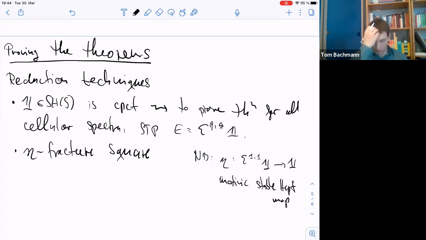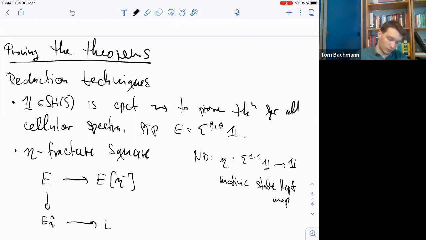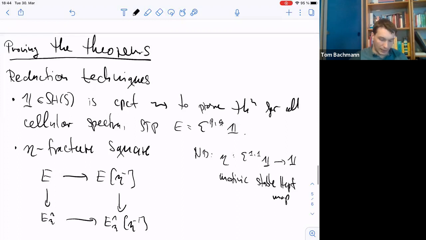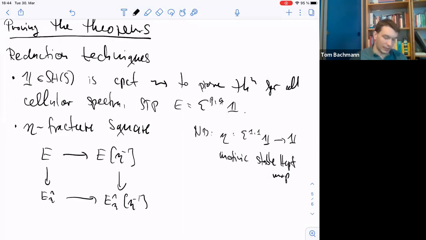Not this one, but it's going to show up for some reason. And so the fracture square looks like this. You take any motivic spectrum, and you can build it as a Cartesian square like this. You invert eta, or you complete at eta, or you do both. Of course, you have to do it in the right order because otherwise you get 0. So there's only one reasonable order. And this is going to be Cartesian. And so what that means is that I can assume either that my guy is eta-complete or eta-periodic.